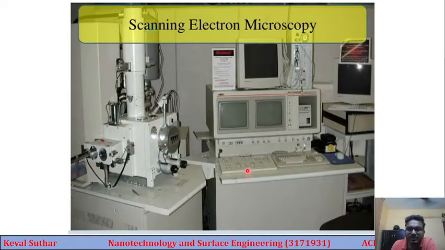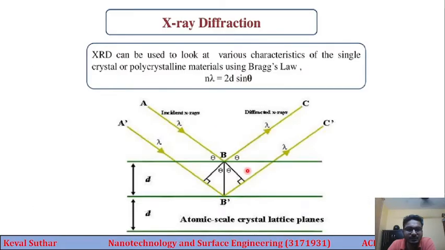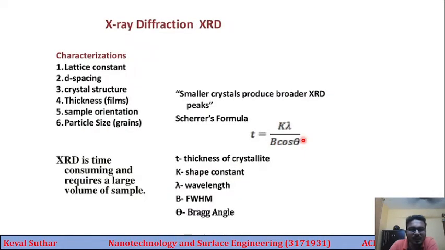The next method is scanning electron microscopy. So we have already completed this X-ray diffraction, that is, it uses Bragg's law as well as Scherrer's formula, that is T is equal to K lambda upon B cos theta, and we have also discussed the characterizations as well as the disadvantage of XRD.